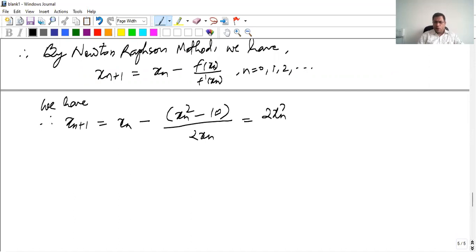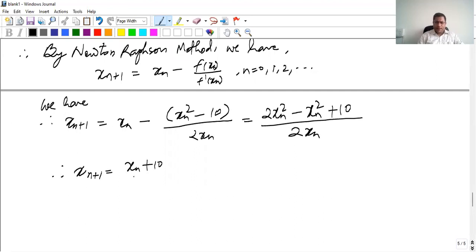Simplifying, 2xn square minus xn square plus 10, by 2xn. So x(n+1) is equal to (xn square plus 10) upon 2xn. Is this expression okay? Yes, sir.